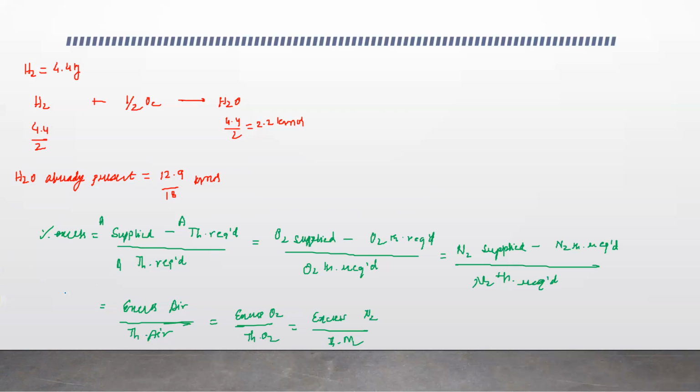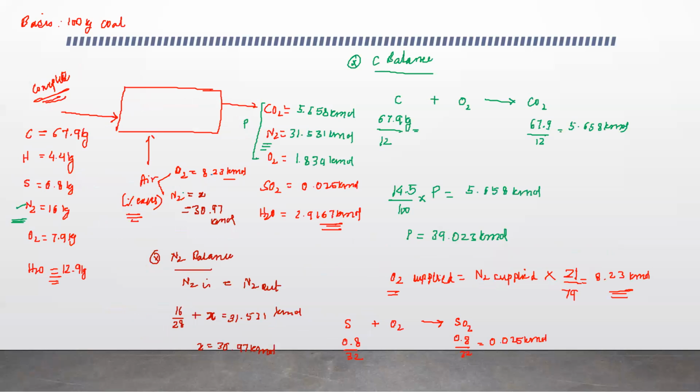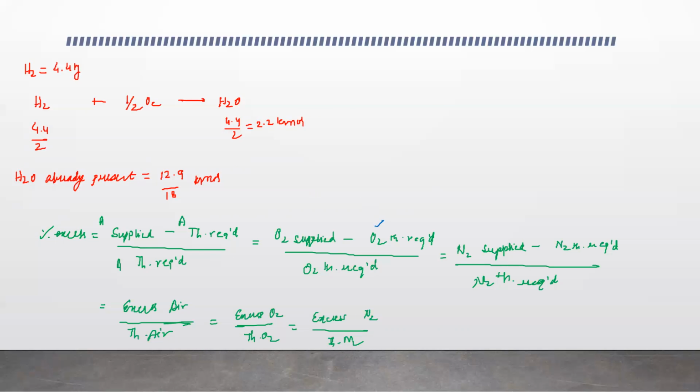All right, so among all these six, which one is the easiest? We already know oxygen supplied, and oxygen theoretically required can also be easily calculated. So obviously this is the easiest formula that you can use over here.